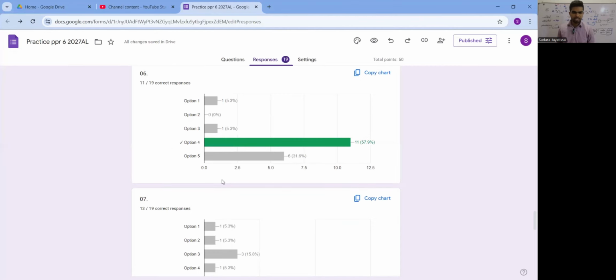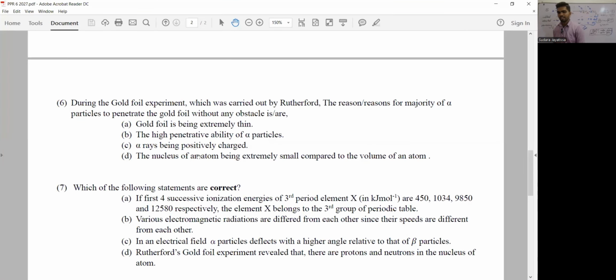Majority of you got the answer, but some of you got the answer as 5. I believe those who got 5 might have taken the answer as only D. But in this question, A, the Goldfoil being very thin, is also a reason. Otherwise, if it is a thick Goldfoil, then alpha particles will have difficulty passing.